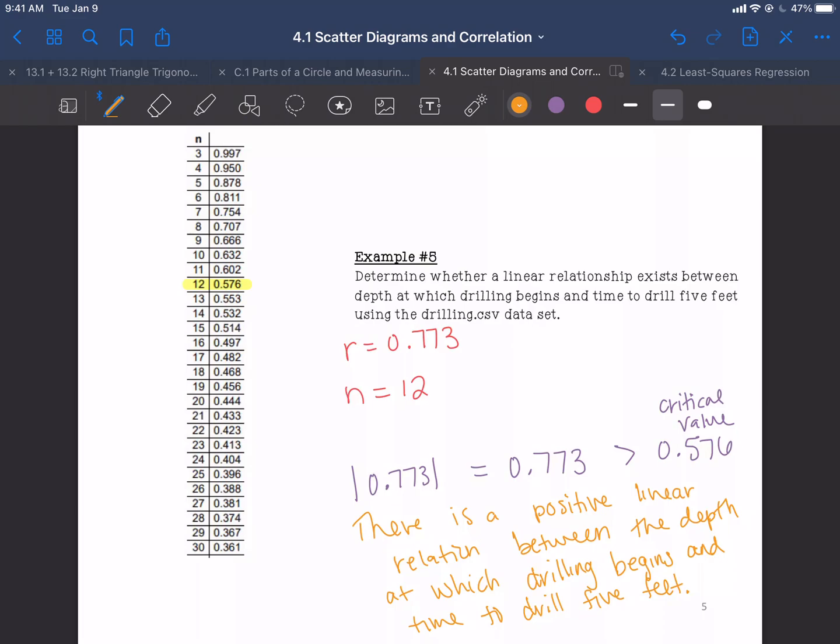Okay, so because our R value was greater than our critical value, we can say there is a linear relationship.